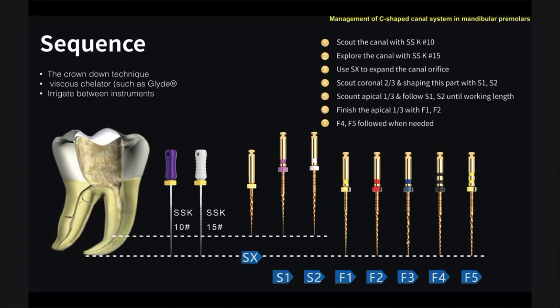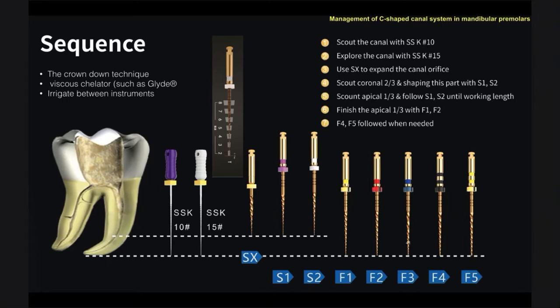The sequence of the root canal shaping includes: first, we need to scout the canal with K file number 10, then number 15. And also for the glide path management, we can choose the T file. After exploring the root canal with a K file number 10, we use a T file.